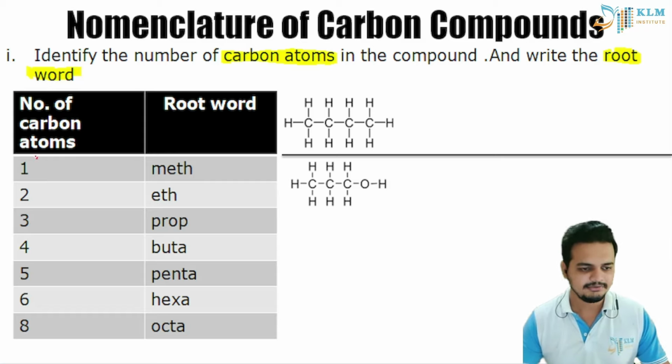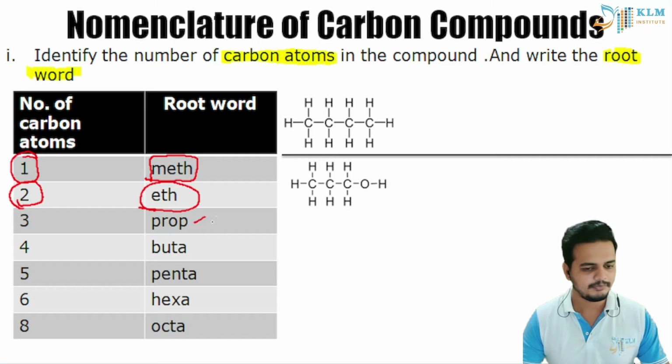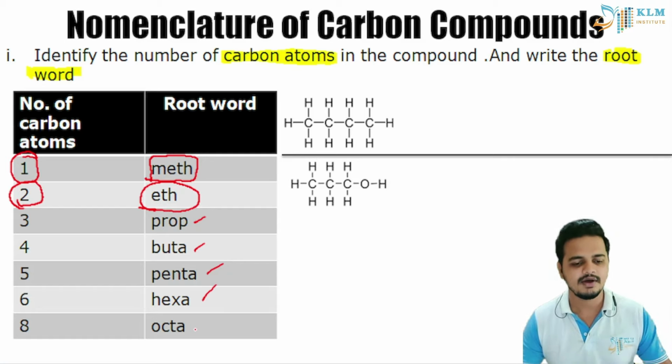If there is one carbon atom, the root word is meth. If there are two carbon atoms, the root word is eth. And so on. For 3 it's prop, for 4 it's but, for 5 pent, for 6 hex, and for 8 oct.